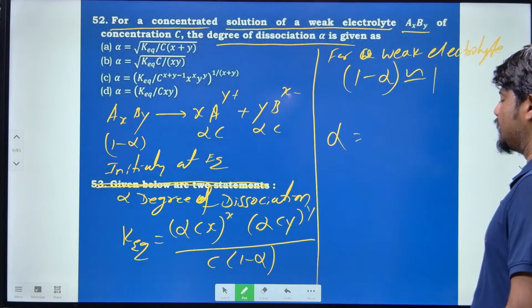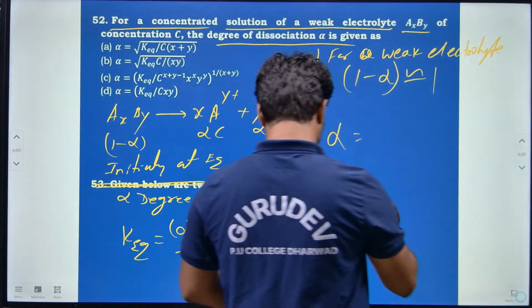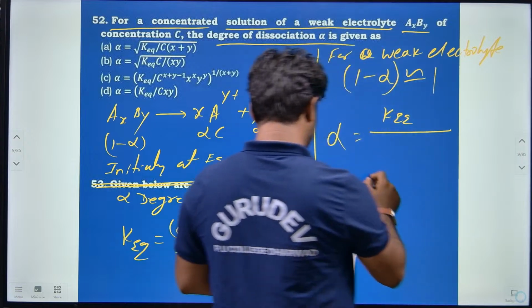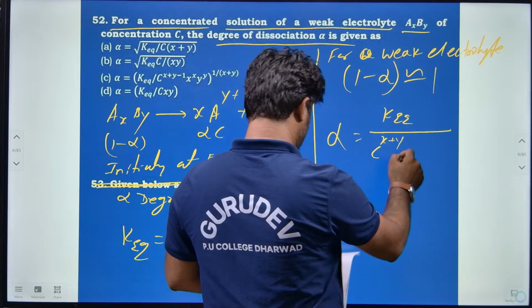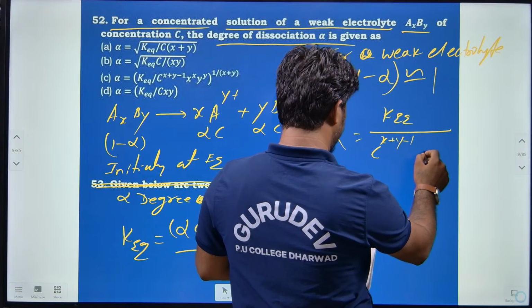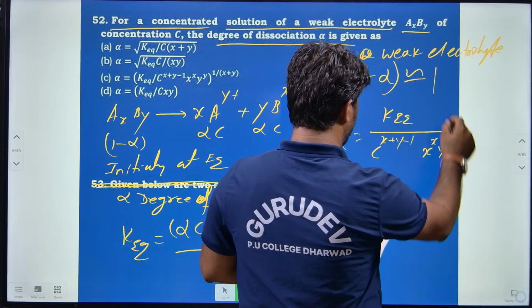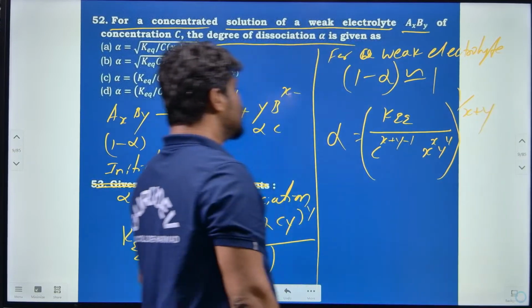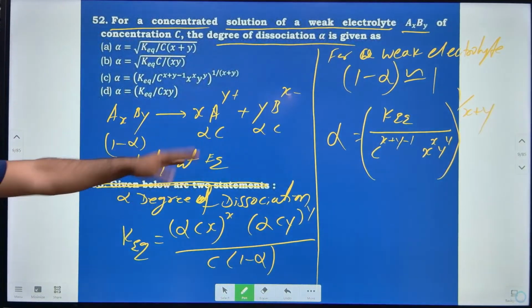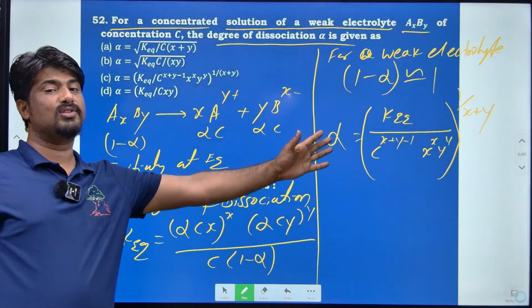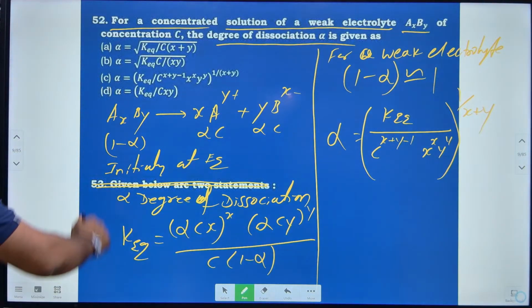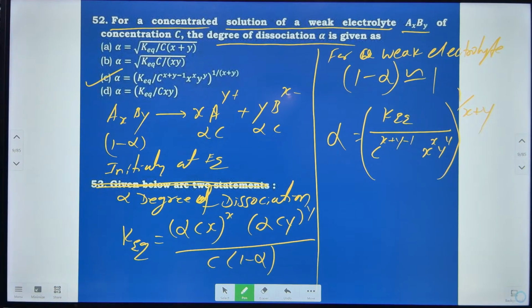The final expression for this one: alpha is equal to K equilibrium divided by C to the power of x plus y minus 1 into x to the power of x and y to the power of y, all to the power 1 divided by x plus y. So this is the mathematical expression we get for the degree of dissociation. So here option C is the right answer for the question.